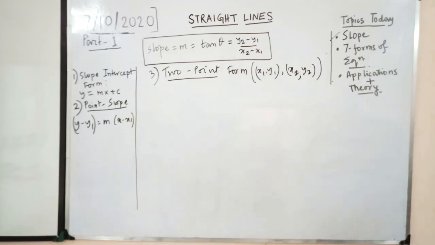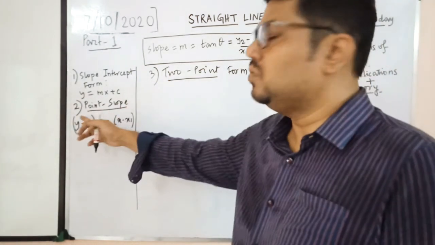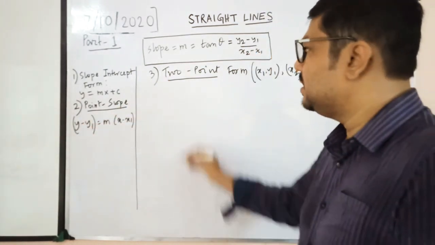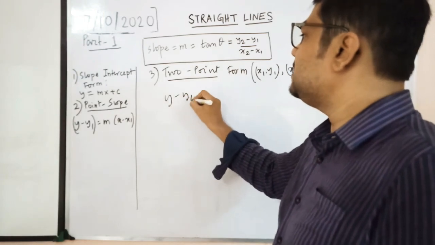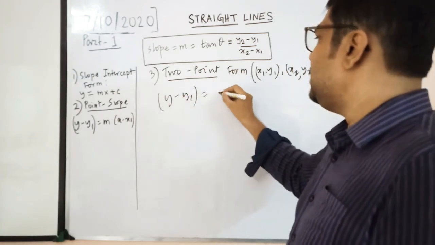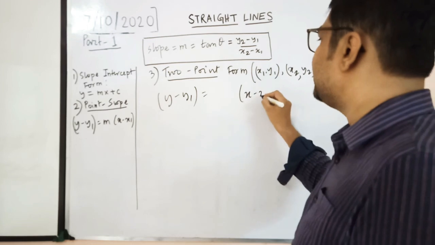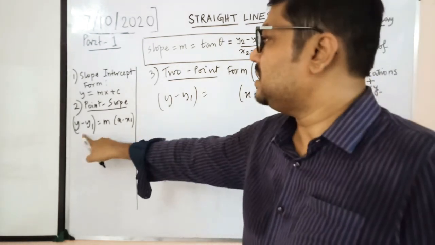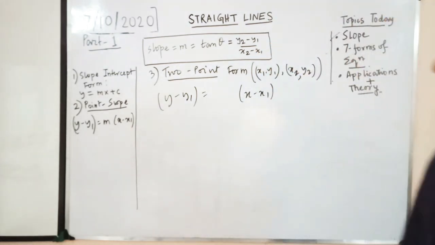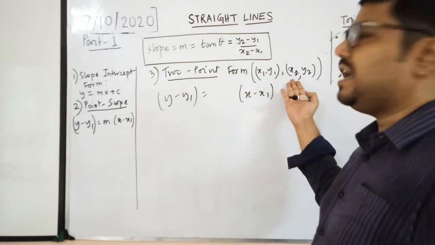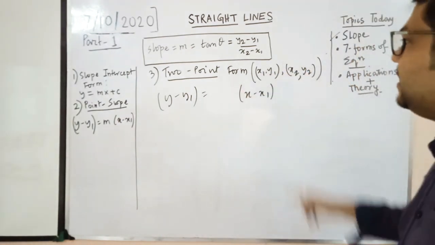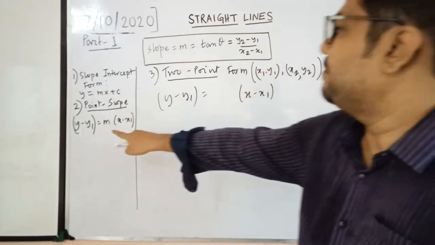Basically, these 3 and 2 are the same kind of equation. So we write y minus y1 equals m into x minus x1. Look at it, y minus y1 equals m into x minus x1. Here we don't have m, but we are given two points through which we can calculate m.